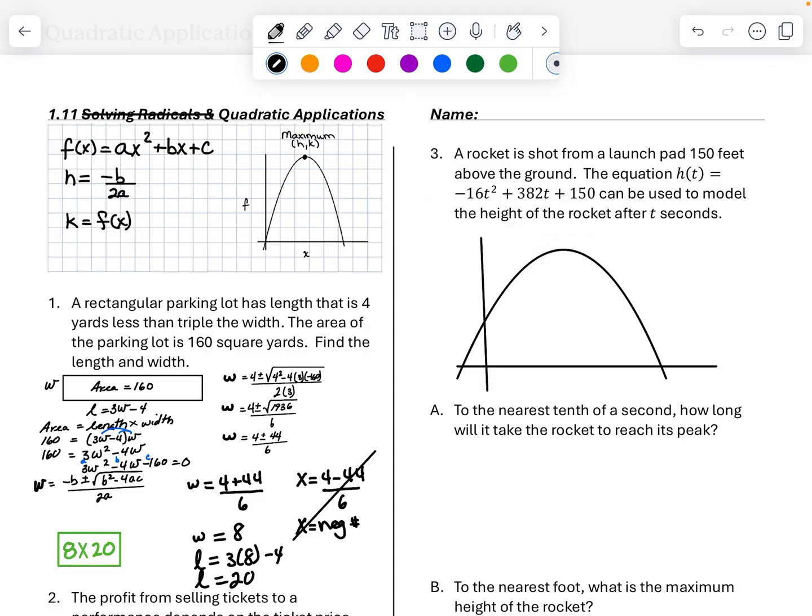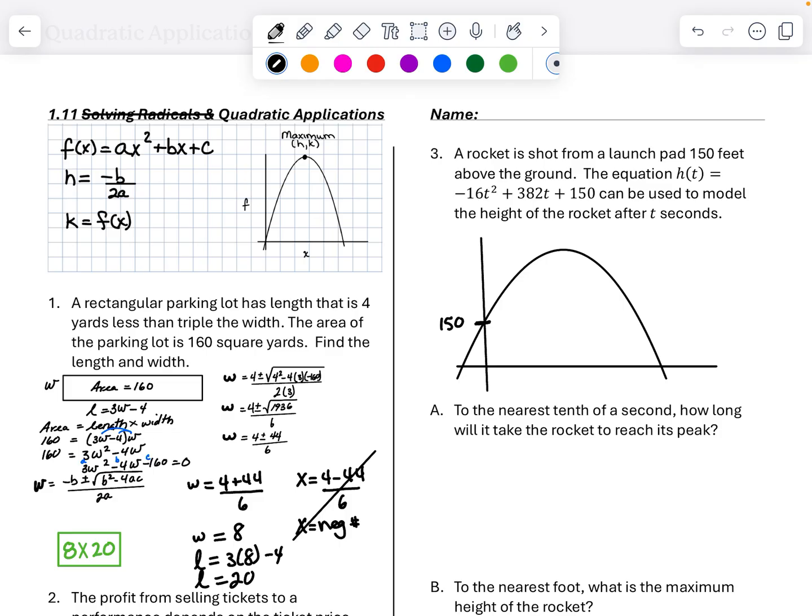It says a rocket is shot from a launch pad 150 feet above the ground. So that's 150 feet above the ground. The equation is that and can be used to model the height of the rocket after 10 seconds.